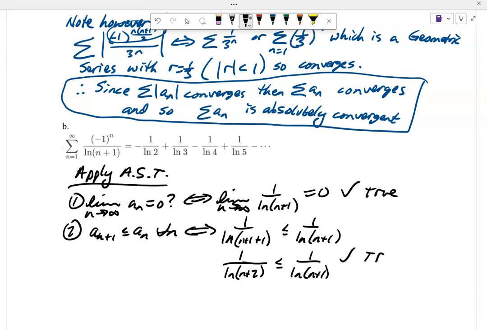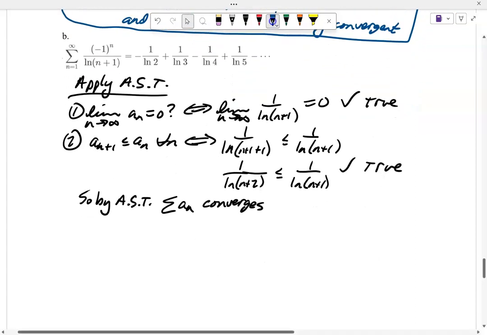Sure enough, that is true also. So by the alternating series test, this series does converge. So then the question is, what about the absolute value?